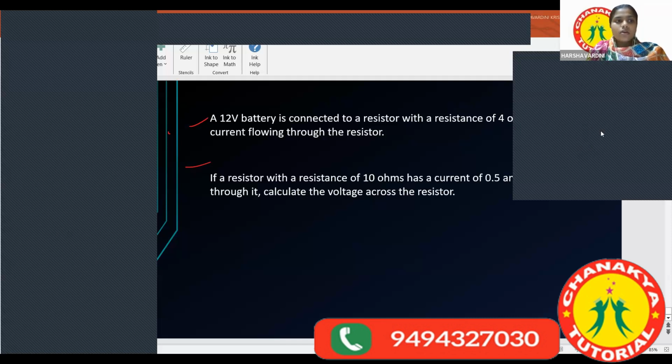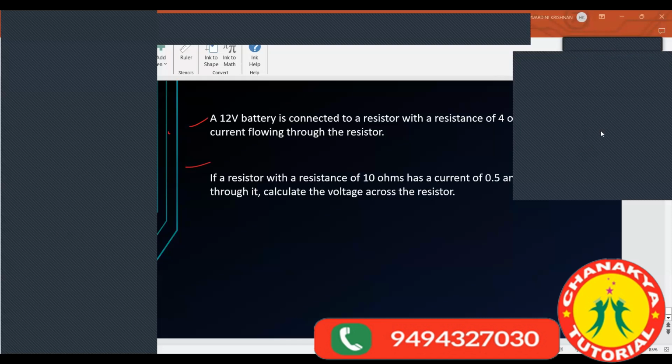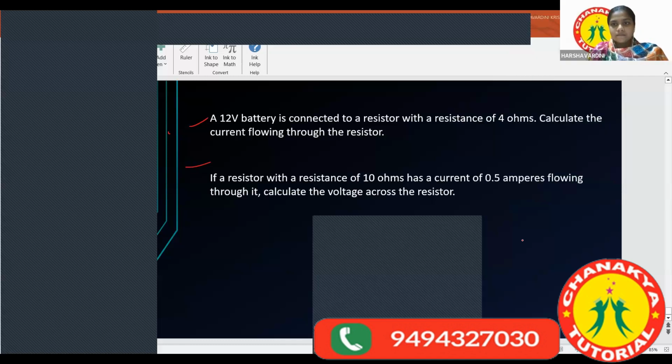Advika, if you feel any difficulty, please tell me. Don't just sit.